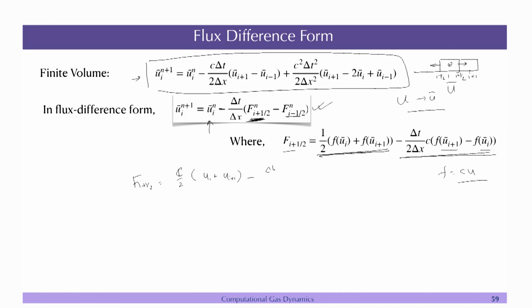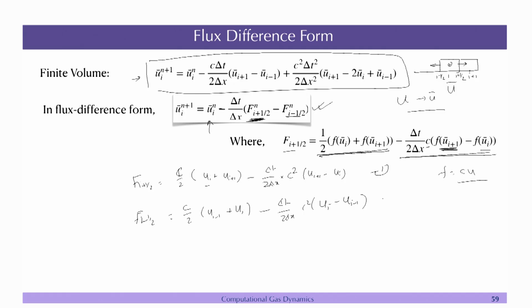And minus delta t by 2 delta x, and there is already one c and there will be one more c from here, so c squared times u I plus 1 minus u I. Similarly, f I minus half will become c by 2 times u I minus 1 plus u I, minus delta t by 2 delta x c squared times u I minus u I minus 1.